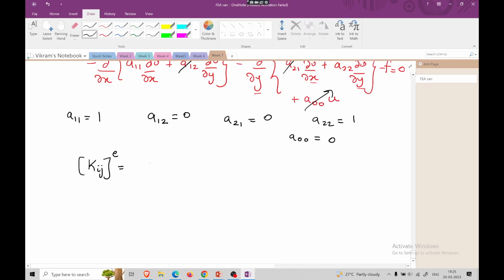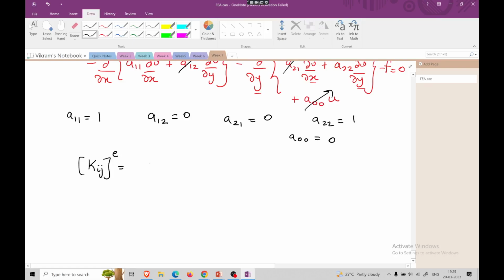So again Sij11 will be the integral over the element. I simply substitute, so it will be beta I beta j by 4a square dx dy, correct? Sorry, not beta I, it will be beta j. Right? So we will see the first element arrangement.